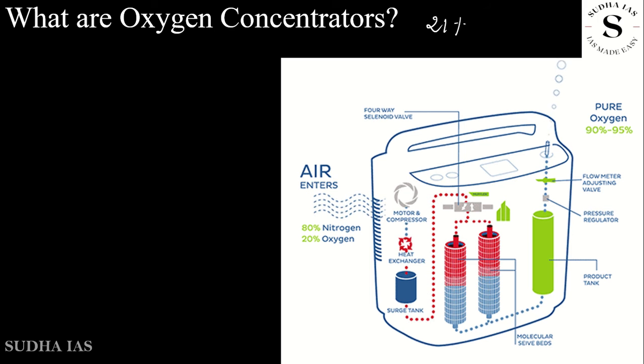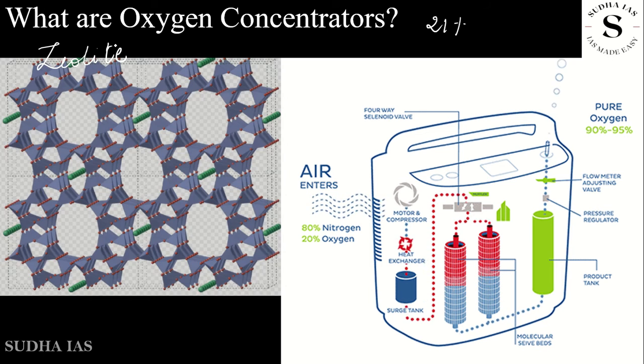The compressor squeezes the atmospheric air and also adjusts the pressure at which it should be delivered. The sieve or the filter is made up of a material called zeolite that separates the nitrogen from air.